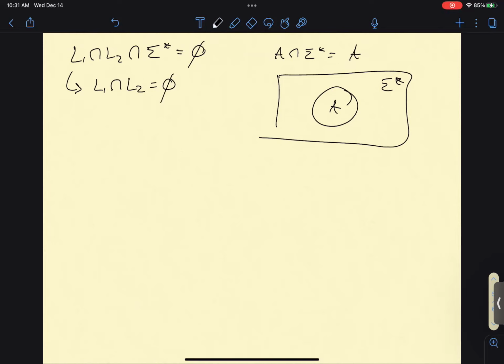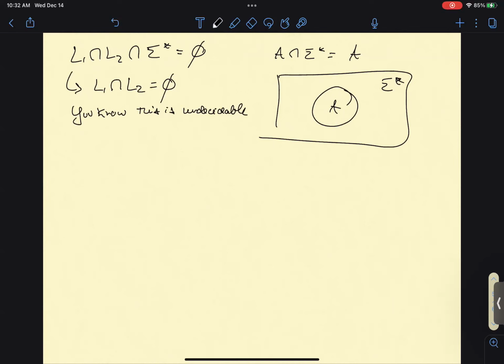But this is essentially what the gentleman over there said, right? You have a context-free language intersect context-free language equals the empty set, and you know this is undecidable.